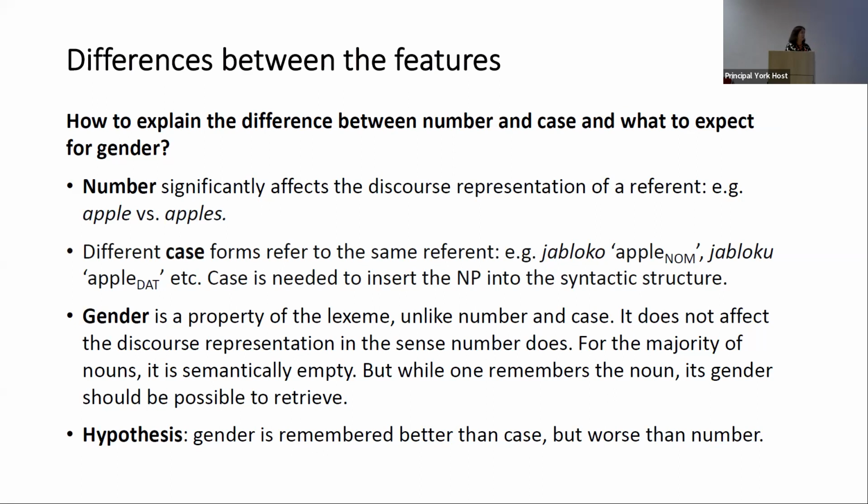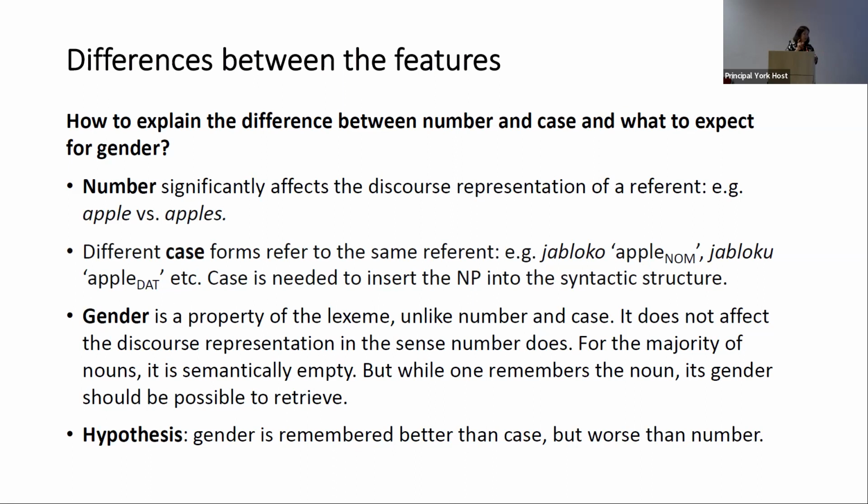So there are just specific situations when you would choose a feminine or a masculine noun to denote female and male animals. For nouns denoting people, gender is not semantically empty, but still even there are some cases when you can refer to women using grammatically masculine words. So gender is much more problematic than number in this respect.